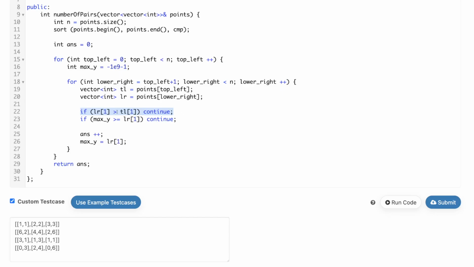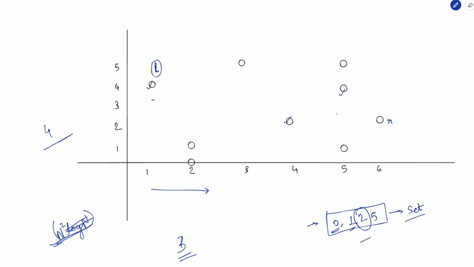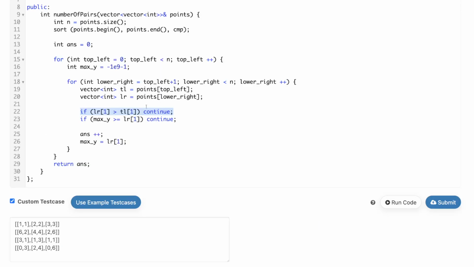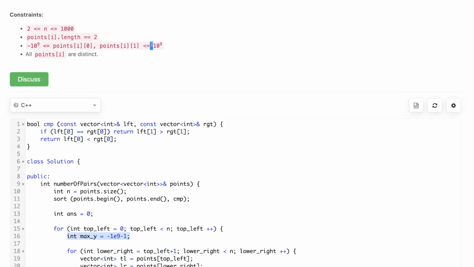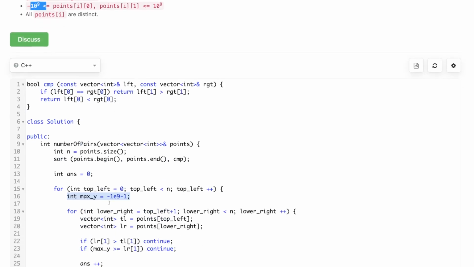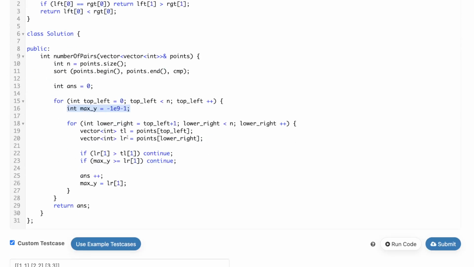Otherwise, if that is satisfied, that is you are at a valid value of r, let's say, next you have to check what is the maximum y you have seen so far for a good index, right? In this case we have initialized the maximum y we have seen so far for a good index to minus infinity. The minimum y could be minus 10 power 9, so I have initialized it with minus 10 power 9 minus 1, so minus infinity kind of.